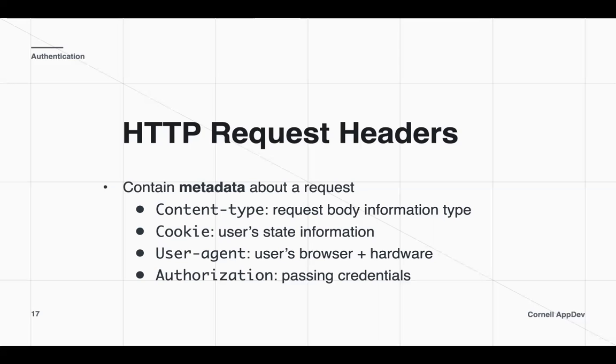We can also have the cookie header, which has user state information. You've probably seen this when you go to a website and it asks you to enable cookies so that they can store information about you. We have the user agent header, which contains data about your browser and other data about your hardware, like a Mac or Windows. And then we have the authorization header, which is where we will be passing our credentials.